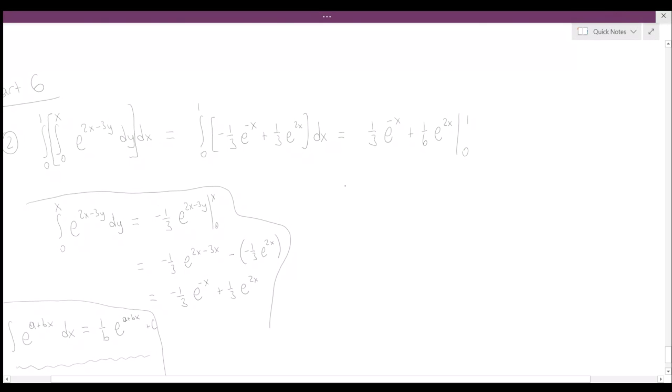And then here, just to finish up, we're going to plug in 1 for x. All right. And then we're going to subtract what we get when we plug in 0 for x. So remember, e to the 0 is 1. So you're going to get that at the end, okay?